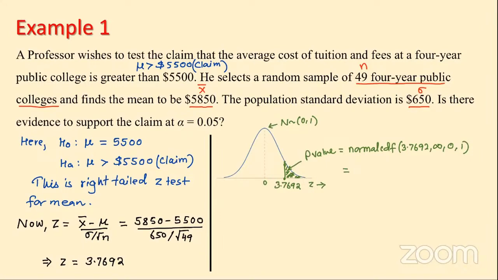So please type that in your calculator and tell me what you get. What do we get?